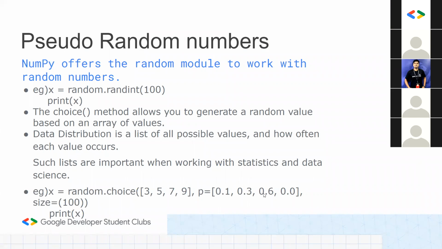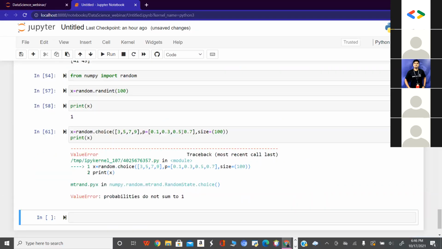So here it was 0.1, 0.3, 0.6, and 0. I just neglected that.